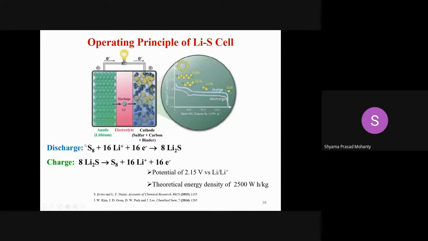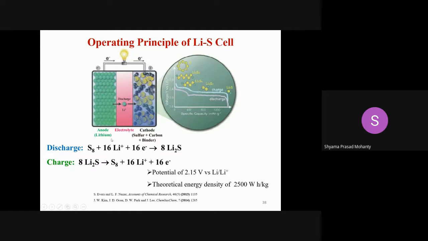It discharges to lithium sulfide as the end product in steps. The octasulfur ring will open, forming Li2S6, Li2S4, Li2S2, and finally Li2S, lithium sulfide, during discharge. And during charge, it gets converted back to sulfur.